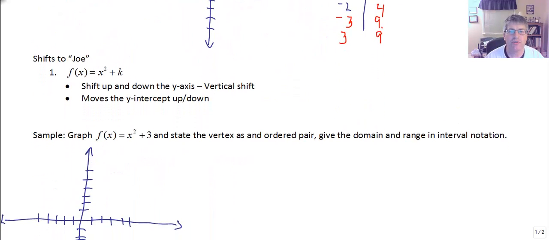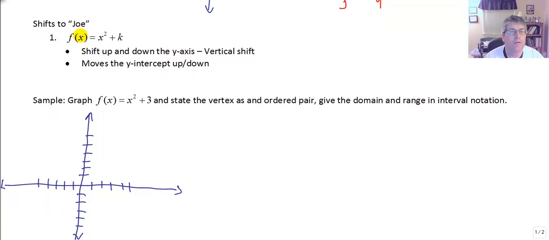Now we can shift Joe parabola around a little bit. So let's take a look at the function f of x equals x squared plus k. So if we add some value to x squared, this will shift our parabola up and down the y-axis. It's our vertical shift. Okay, so let's graph f of x equals x squared plus 3.